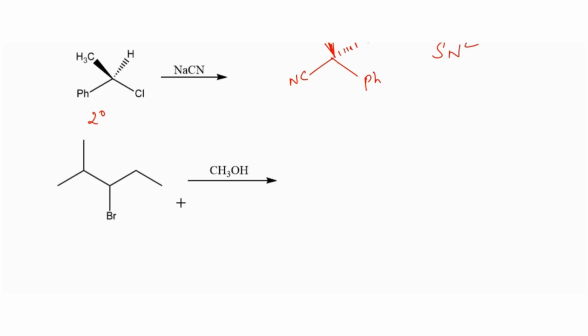What about this one? This is a secondary alkyl halide, but a poor nucleophile. So this will undergo the SN1 mechanism. First the leaving group is cleaved and forms a carbocation, a secondary carbocation, and it is chiral also.